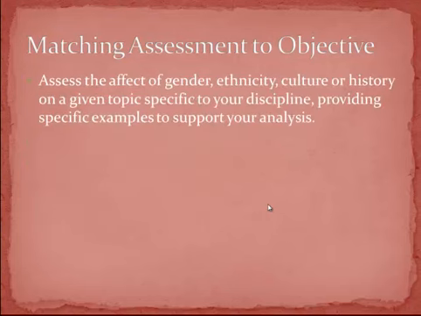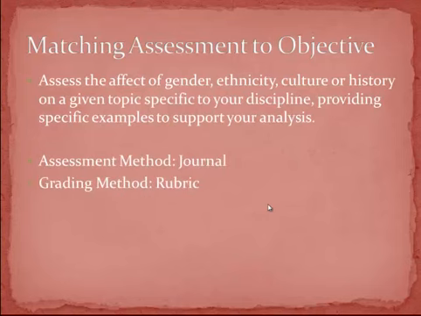Assess the effect of gender, ethnicity, culture, or history on a given topic specific to your discipline, providing specific examples to support your analysis. I think this is a good candidate for a journal assessment.